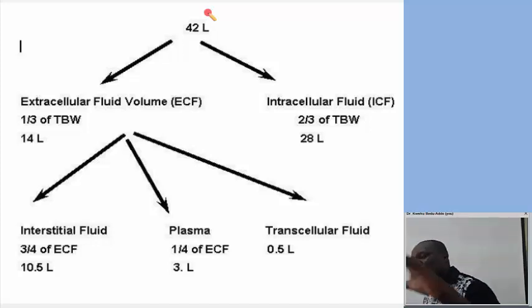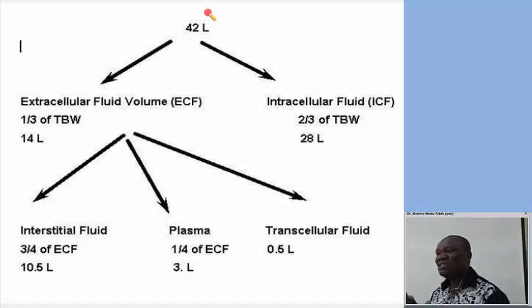So the individual's total body water will be about 42 liters. Why is it 42 liters? We said that the total body water of an adult is about 60% of the total body weight. This individual is 70 kilograms, so 60% of 70 kilograms will be 42 liters.